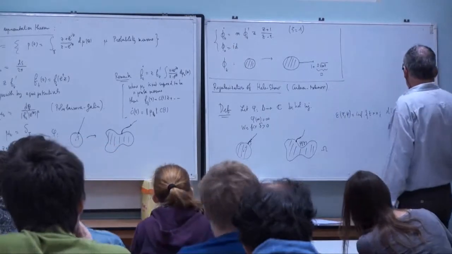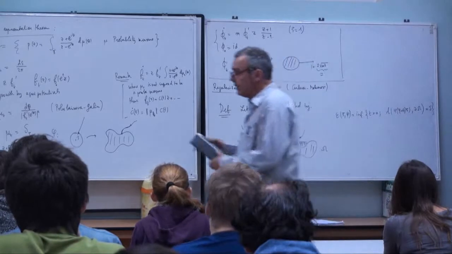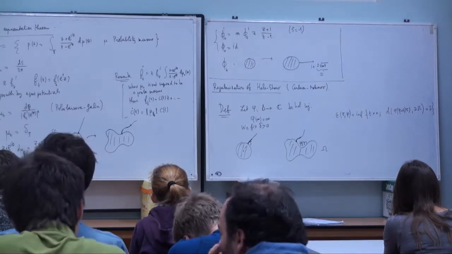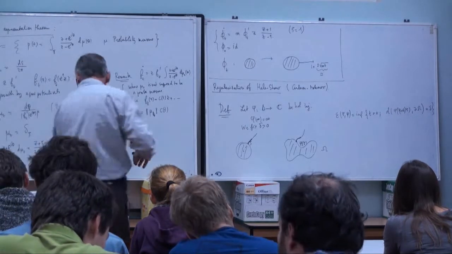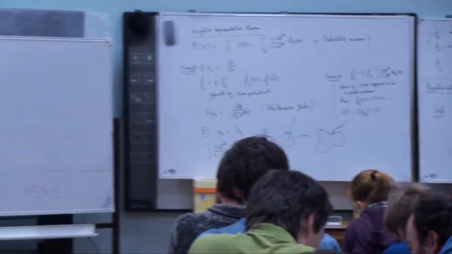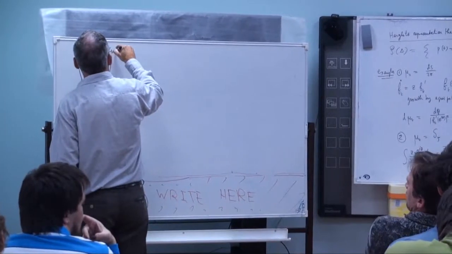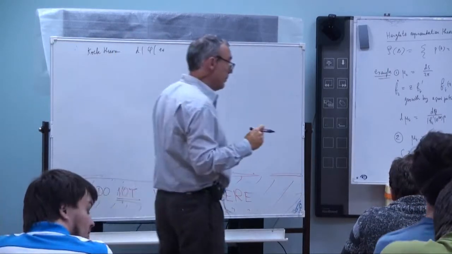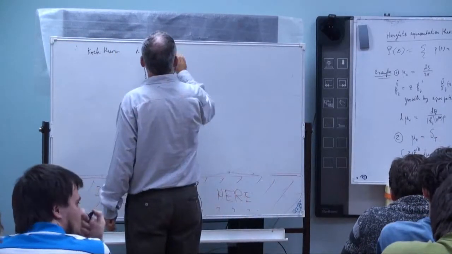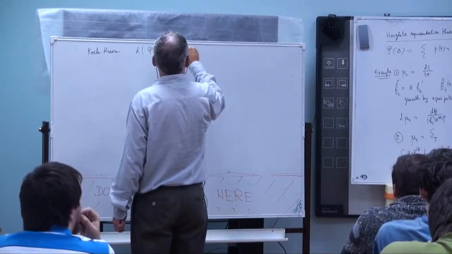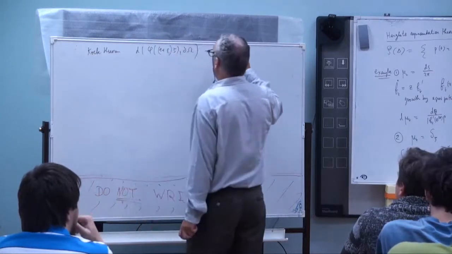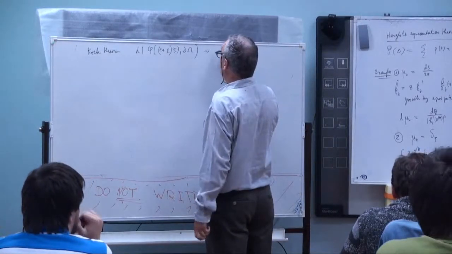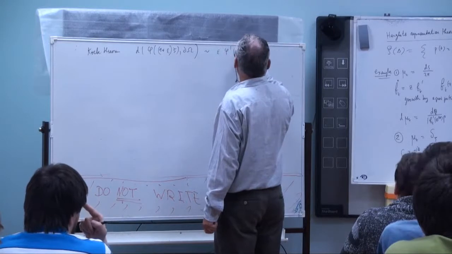So Koebe's theorem says that the distance from phi of 1 plus epsilon zeta to the boundary of omega is equivalent, in a very strong sense, to epsilon times phi prime of 1 plus epsilon zeta.